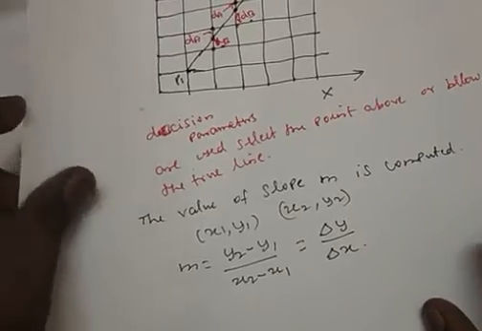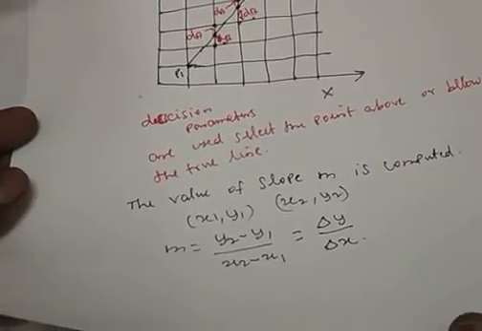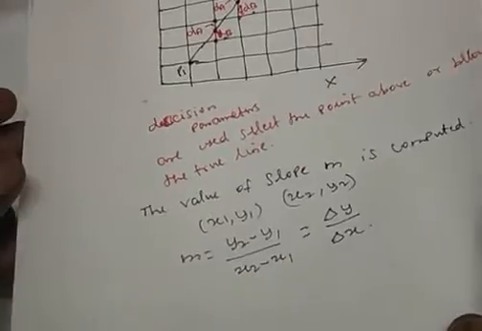Now we'll explain the categories in slope values. There are three possibilities. If the m value is less than 1, that means the value of delta x is greater than delta y.